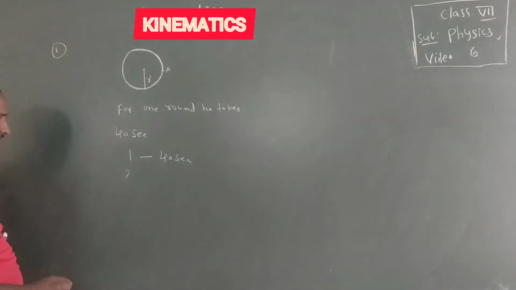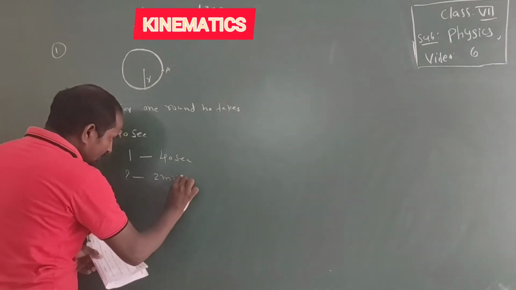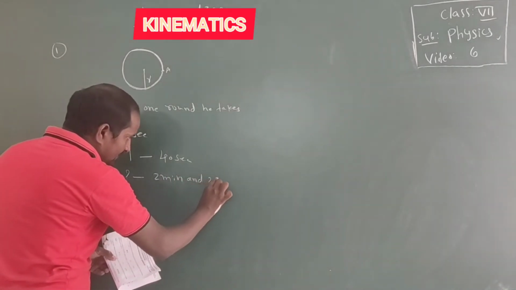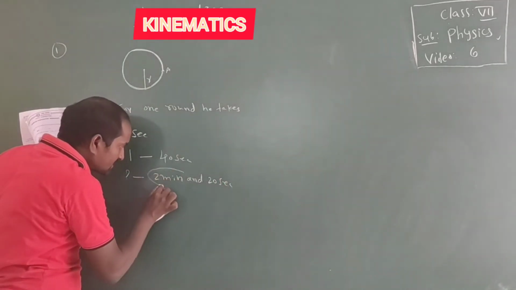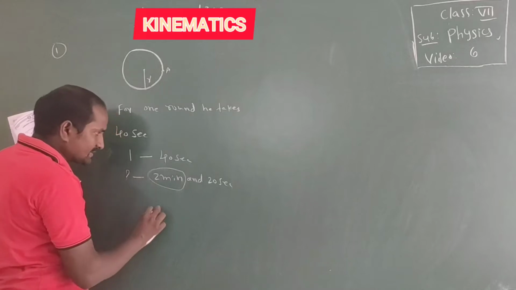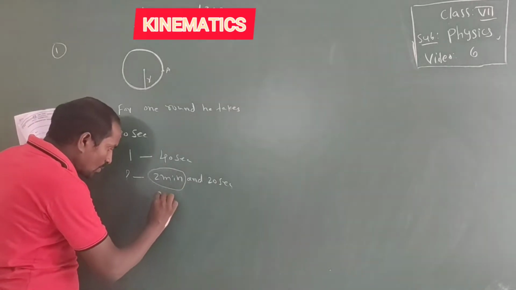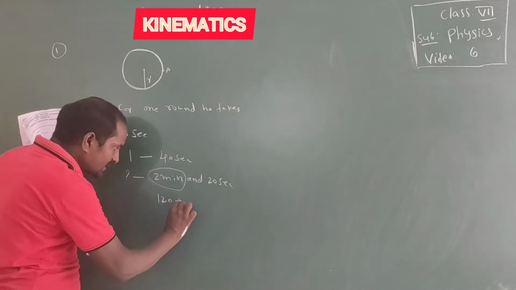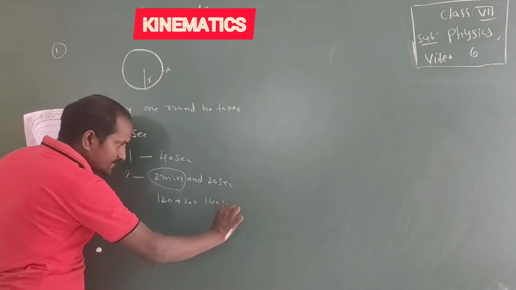So find the number of rounds in 2 minutes and 20 seconds. First, convert time into seconds. 2 minutes converted into seconds is 120 seconds, plus 20 seconds, equals 140 seconds.